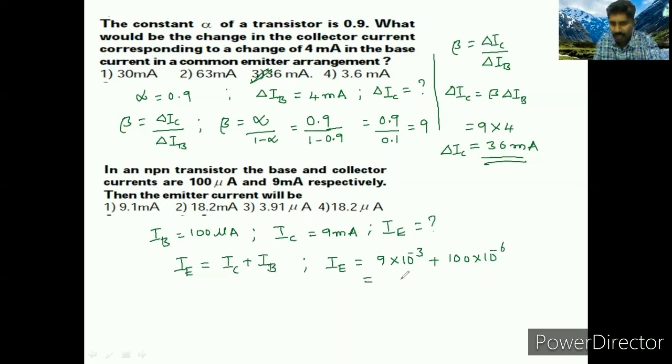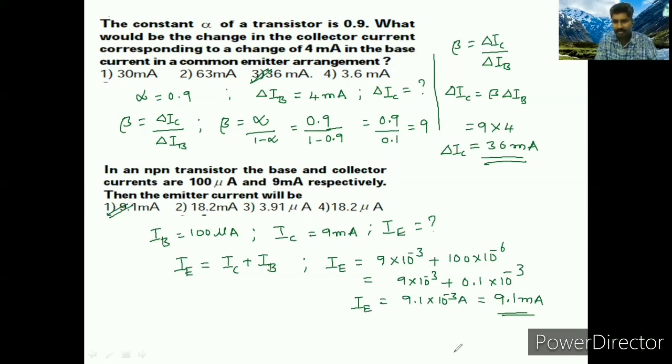So 9 into 10 to the power of minus 3 plus 0.1 into 10 to the power of minus 3 gives 9.1 into 10 to the power of minus 3 amps, meaning 9.1 milliamps is the emitter current. So the first option, 9.1, is correct. We will see the next problem.